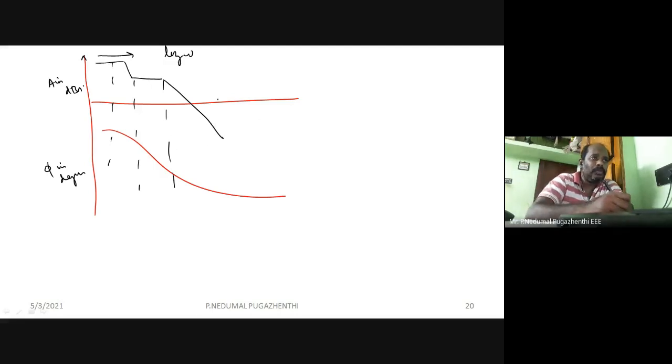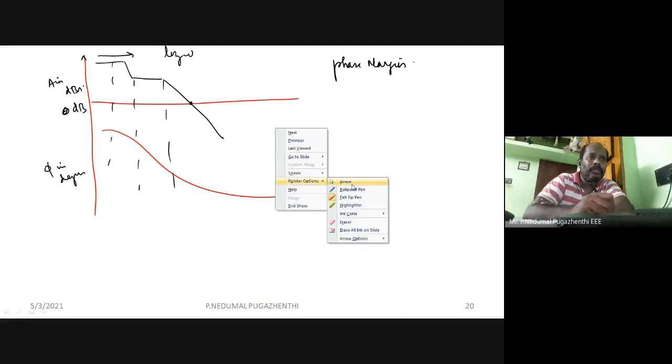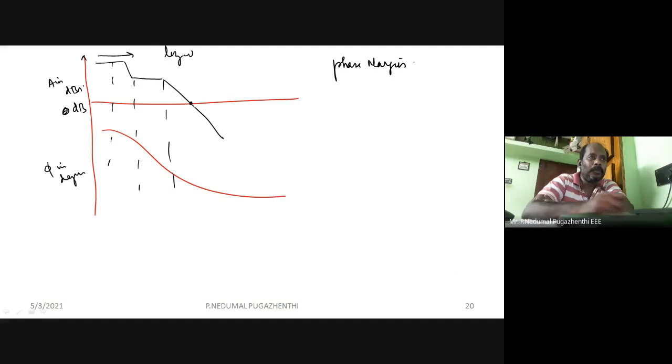So what do you have to do to find the phase margin? Try to identify the crossing of the magnitude with the 0 decibel line. Extend the point. It will cut your phase plot at some point. Then try to identify the corresponding phase angle.